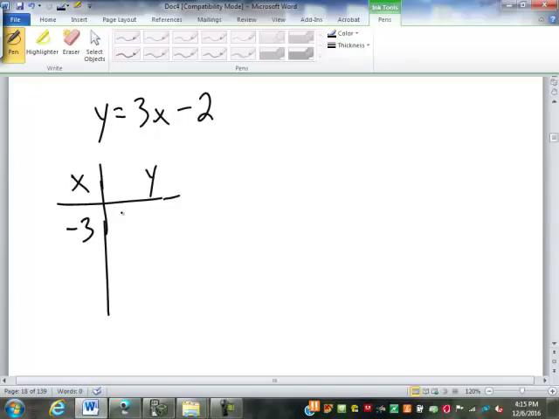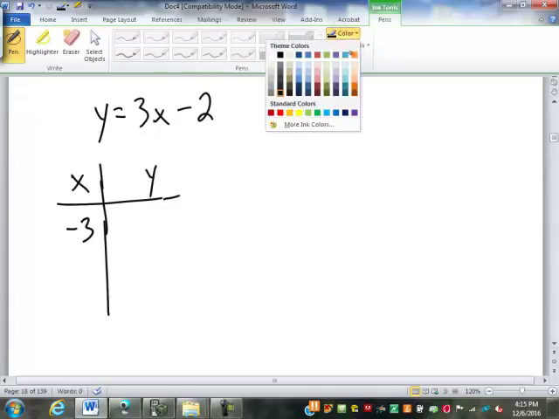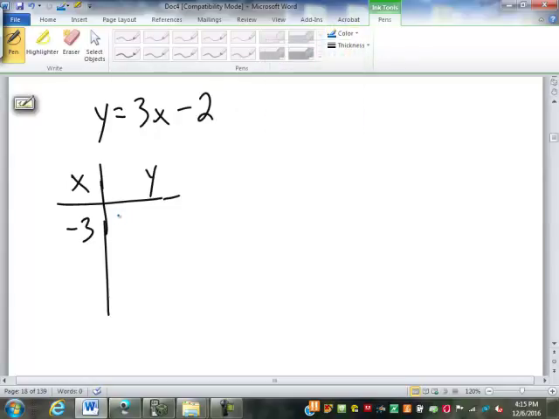How do we figure out what y has to be? Well, we replace x in this equation with -3. So it's 3 times -3 minus 2. 3 times -3 is -9 minus 2 is -11. So when x is -3, y is -11.